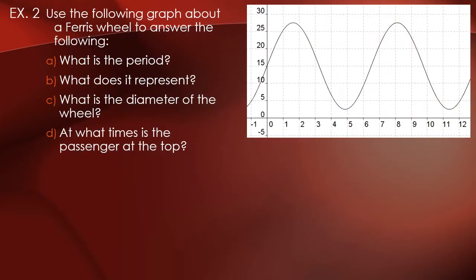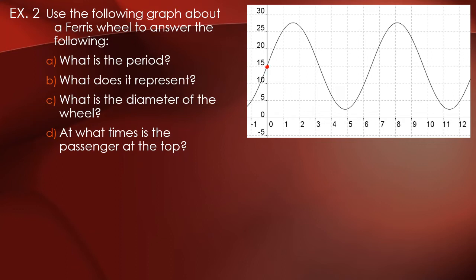Example number 2, use the following graph about a Ferris wheel to answer the following. What is the period? Recall, the period is the time it takes to get from where you started all the way back. So we'll assume our x-axis is in time because you're on a Ferris wheel, and that would be height versus time.